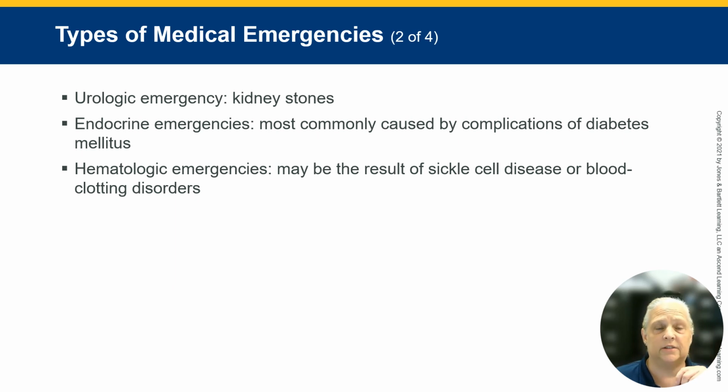We've got our urologic emergencies. Generally, that's going to be kidney stones. Your endocrine, most common one that we're going to see is diabetes. With your hematologic emergencies, we're going to be talking about sickle cell anemia or hemophilia, which is a blood clotting disorder.